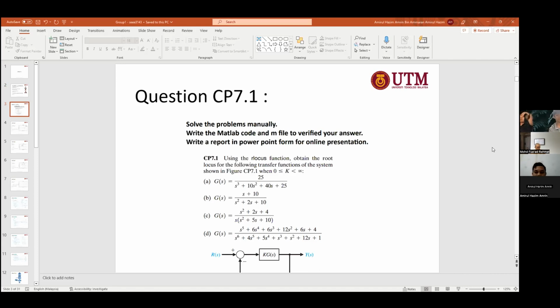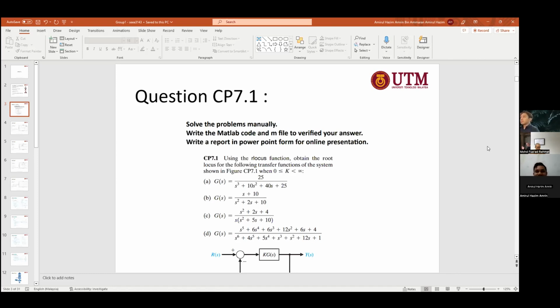Then for B, the equation is (s plus 10) over (s squared plus 2s plus 10). And then for C, G(s) equals s squared plus 2s plus 4, followed by the equation, and then no need to read lah.